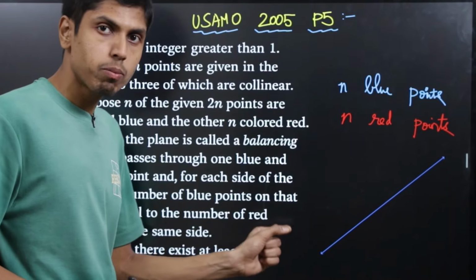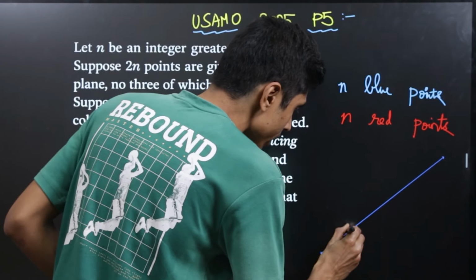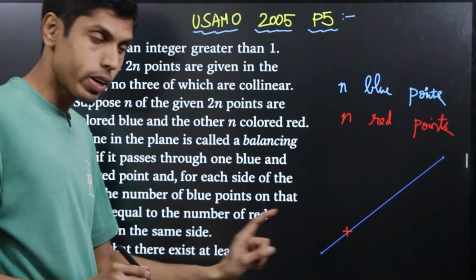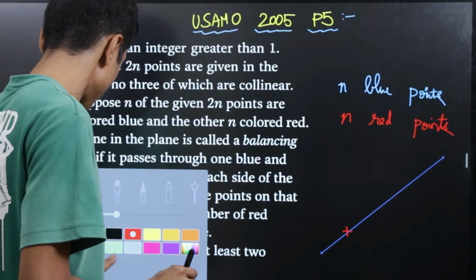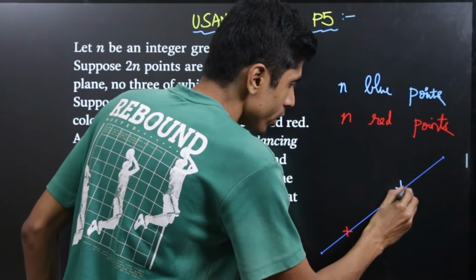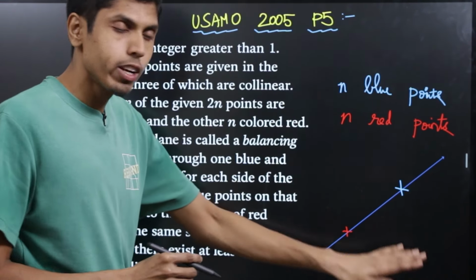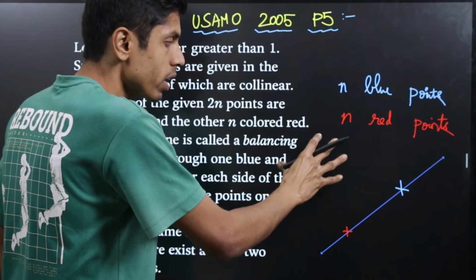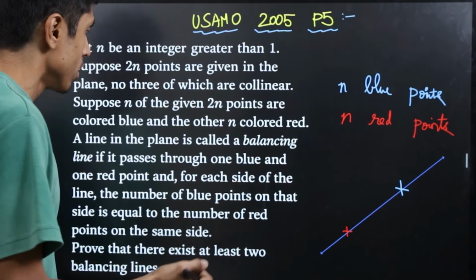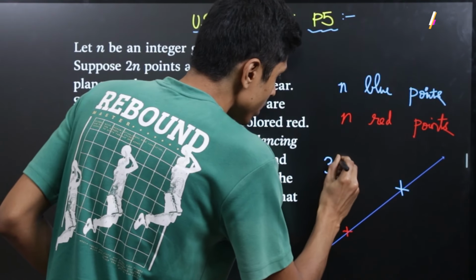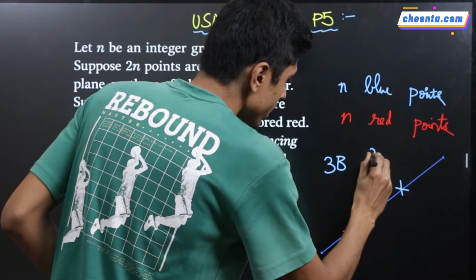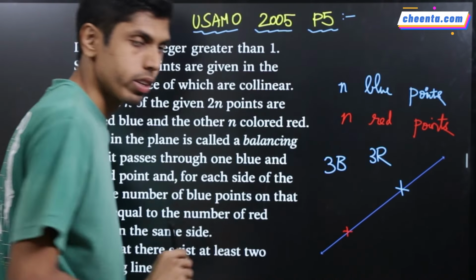A line in the plane is called a balancing line if it contains one red point, one blue point, and on either side of it, it contains an equal number of red and blue points. For example, if there are 3 blue points on one side, then there must be 3 red points.